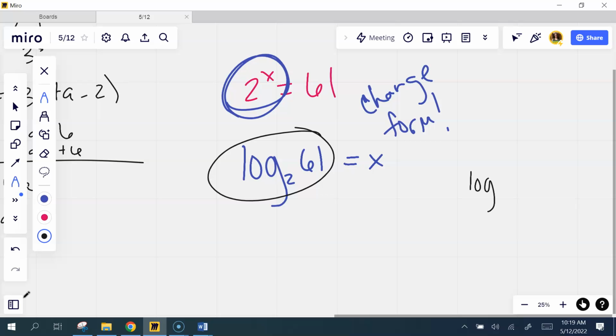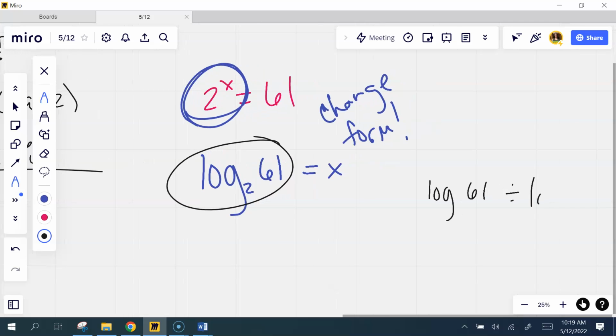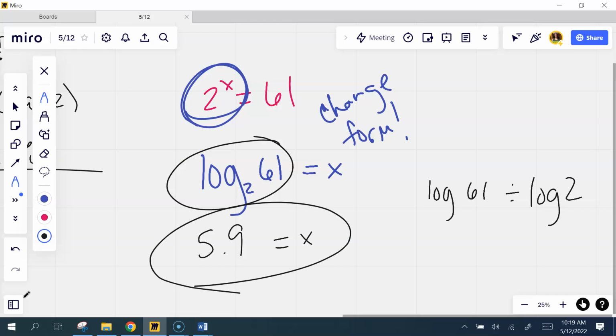Log 61 divided by log 2. Somebody do it and tell me what you get. 5.9. The only difference is once we get it isolated, we're changing the form back into logarithmic form instead of exponential form.